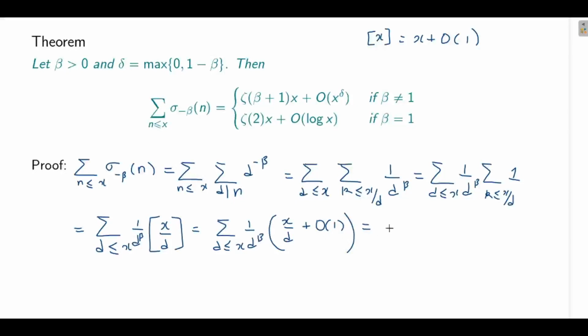So this will be the summation over d less than or equal to x, we can take x outside, of 1 by d raised to beta plus 1, plus big O of the summation over d less than or equal to x of 1 by d raised to beta.